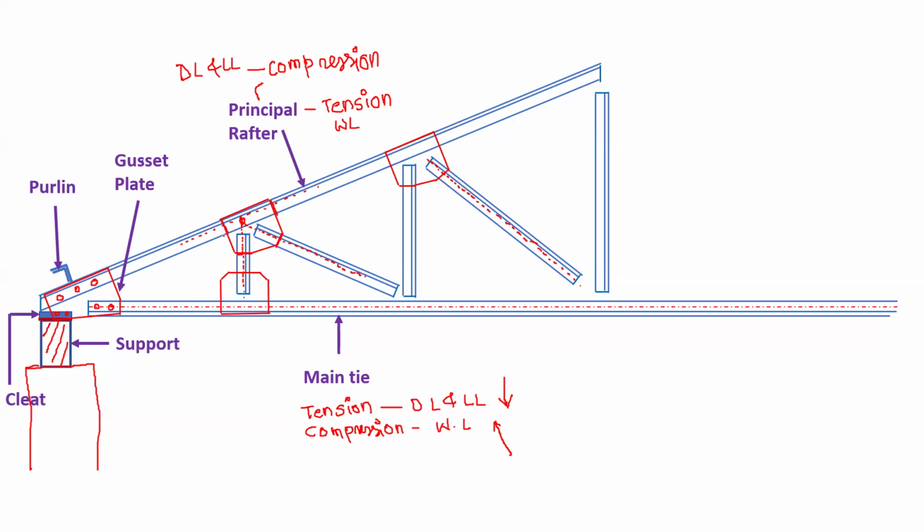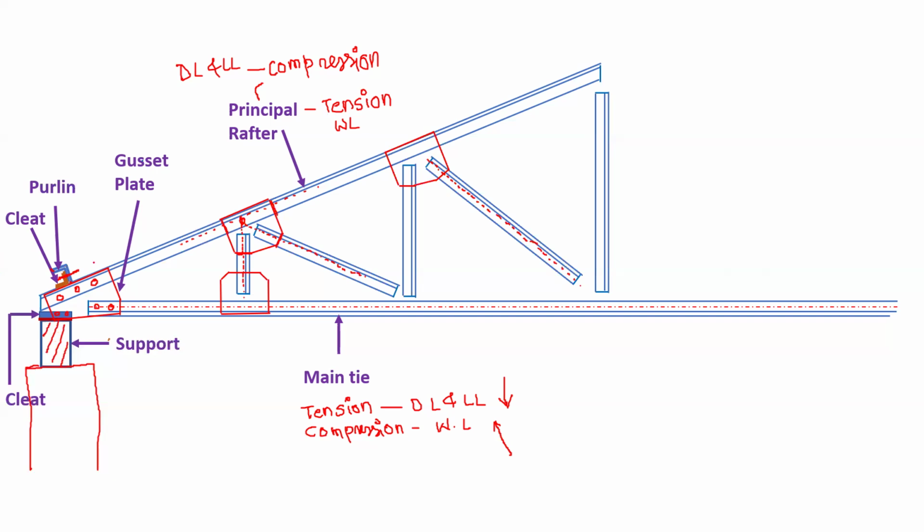Now this purlin does not have any connection with the principal rafter, and to make the connection we are going to provide another angle, and these angles we are going to connect by bolts. This angle, which is used to connect purlins to the principal rafter, is also known as cleat angle.